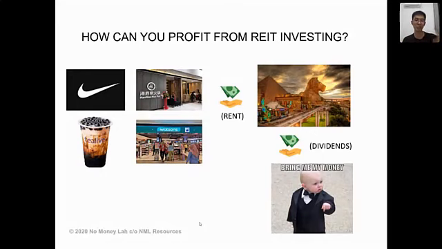As an example, assuming we invest in Sunway, we are the shareholders of Sunway REIT, and whenever Sunway REIT collects rental, they're going to pay us dividends, right? So this is how you can profit from real estate investment trust investing. Essentially, when you think about it, we invest in the stock market and receive dividends.